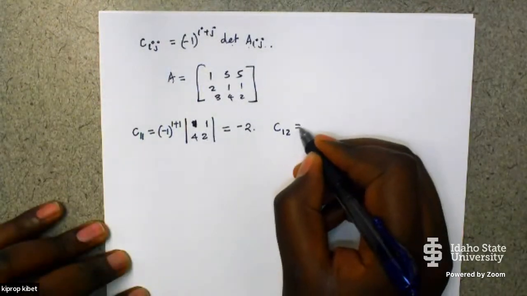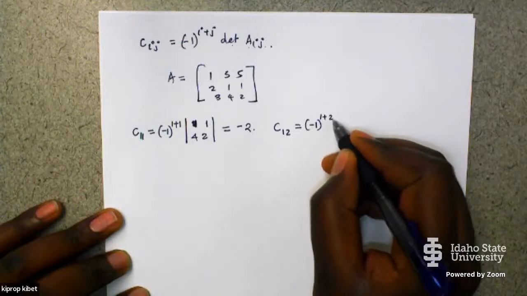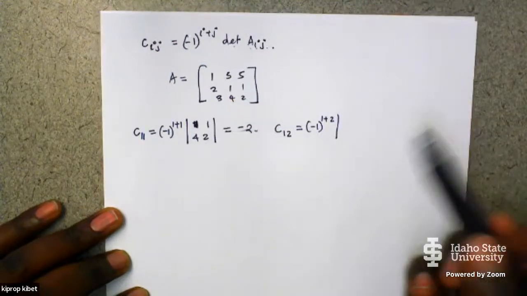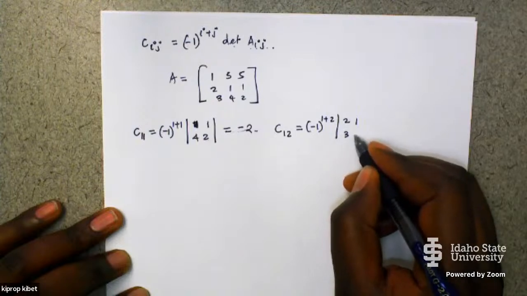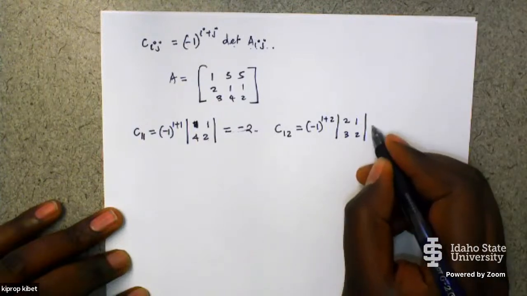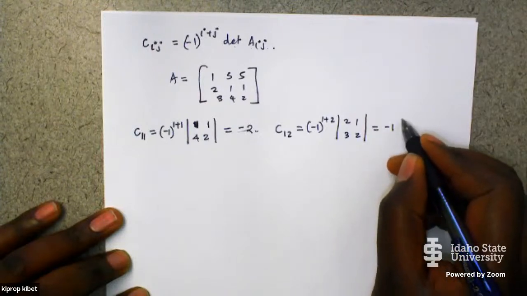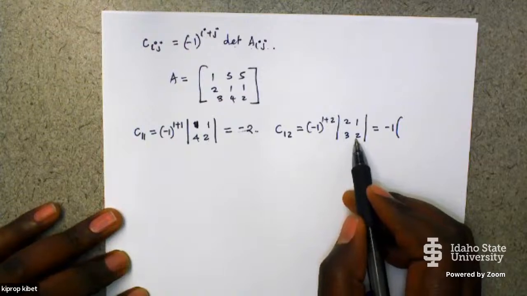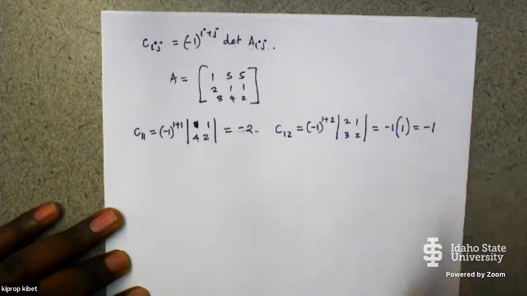C12 equals minus 1 raised to 1 plus 2, determinant of deleting the first row and the second column, determinant of 2, 1, and then 3, 2. This is 4 minus 3, which is 1, so it equals minus 1.